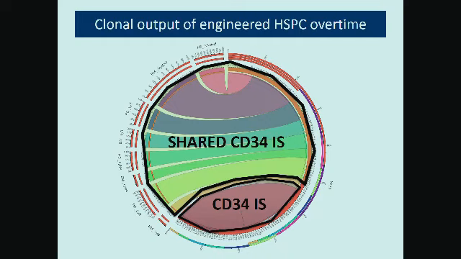The rainbow part represents the number of shared integrations from CD34 cells. So the bigger this part is, the higher the output of CD34 cells, and the more colored it is, the more diverse it is. So it means that it goes through all the different lineages.